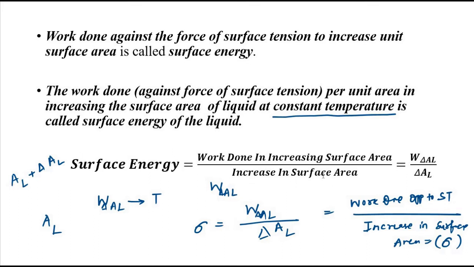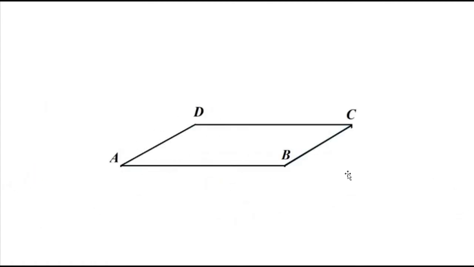So if we try to understand it, let's say we have a rectangular wire ABCD, where the portion BC is free to move either in this direction or this direction, towards left or right.